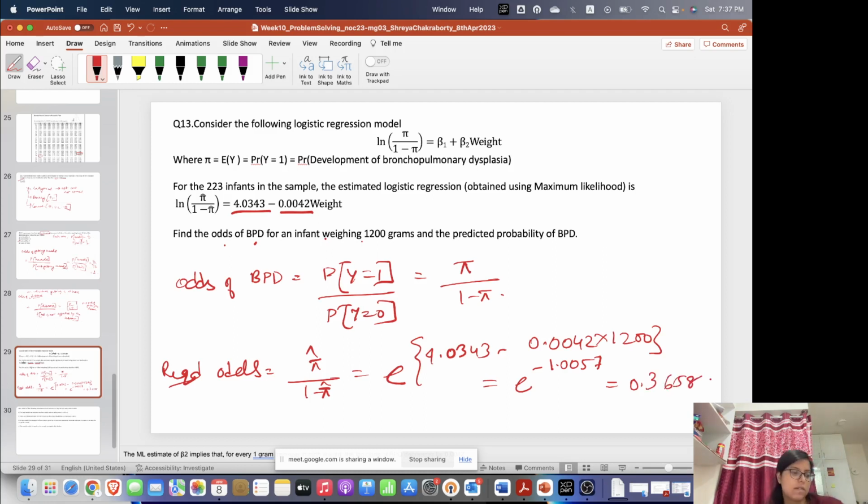Are you getting this? Yes. Okay. So this is the odds of developing BPD. So the odds of developing BPD is about 0.3658 for an individual who is weighing 1200 grams.